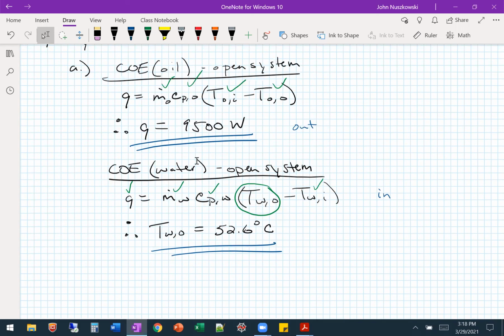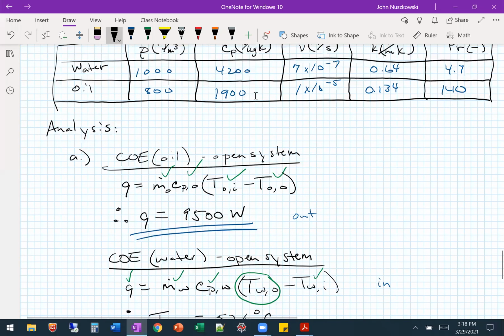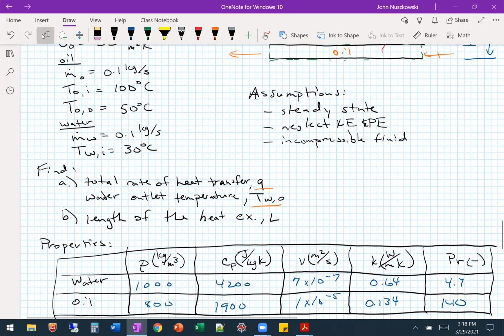All right, any other questions? All right, so far, it's really just a thermal problem, right? That was just thermodynamics, something I could ask you in Thermo 1 with the COE. Okay.